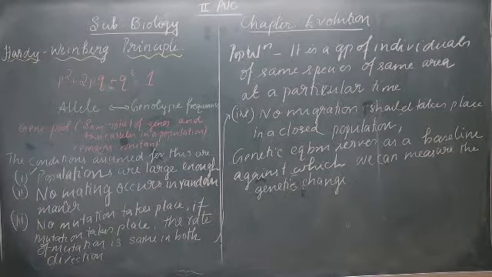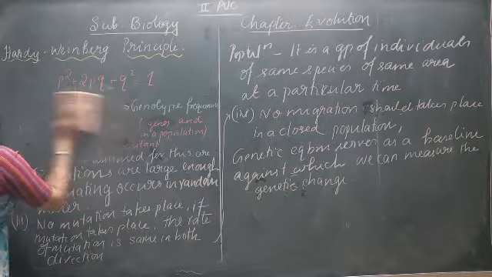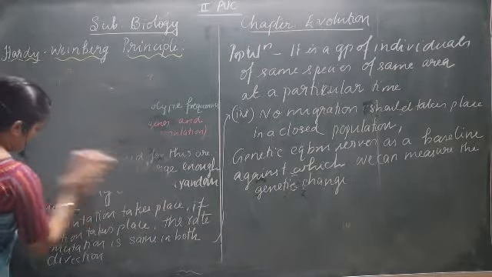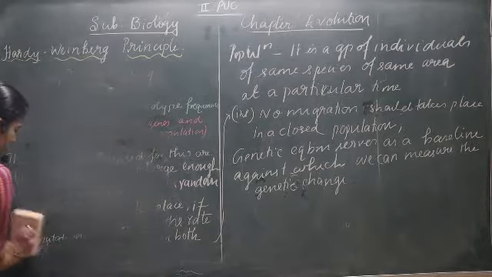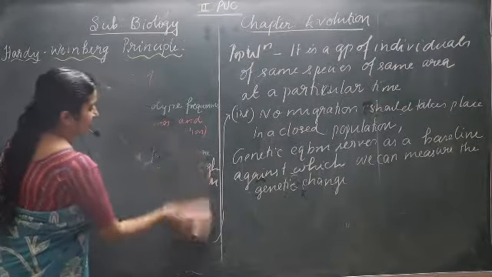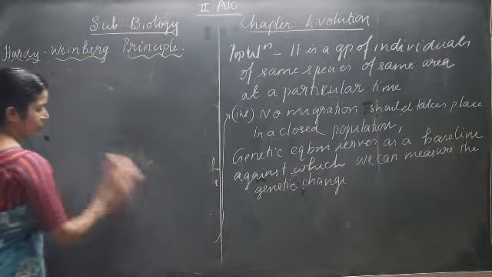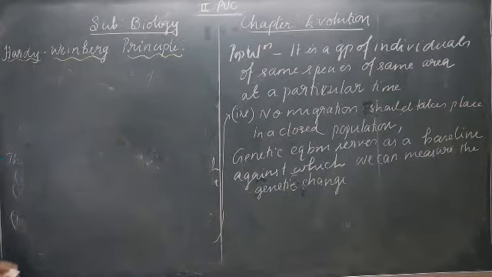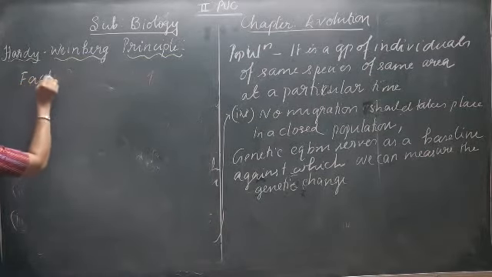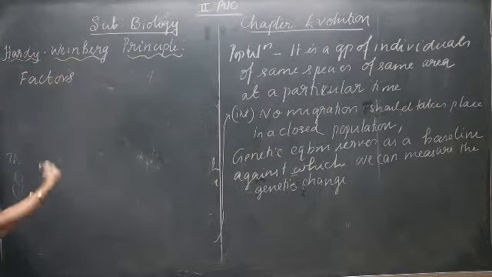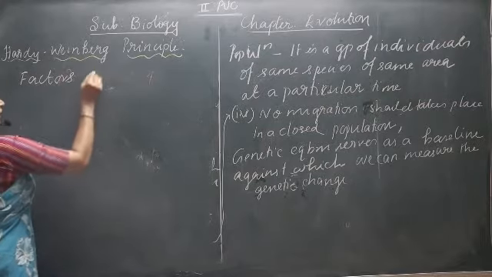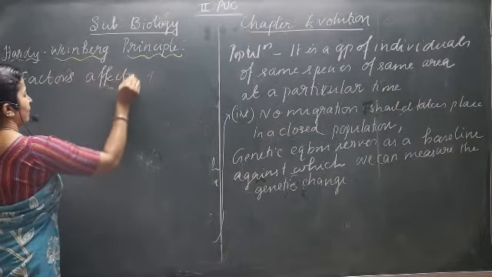Okay, and let me move to the next part of the Hardy-Weinberg principle, that is the factors affecting the Hardy-Weinberg principle. When a question comes for 5 marks, it is expected that you include the equation, the derivation, and also the factors affecting the Hardy-Weinberg principle.